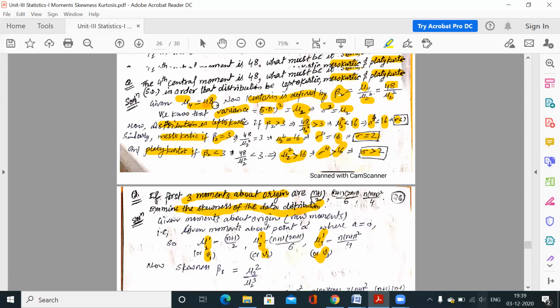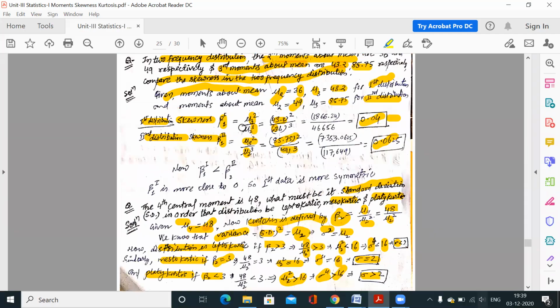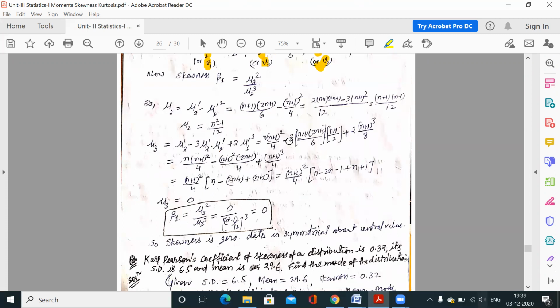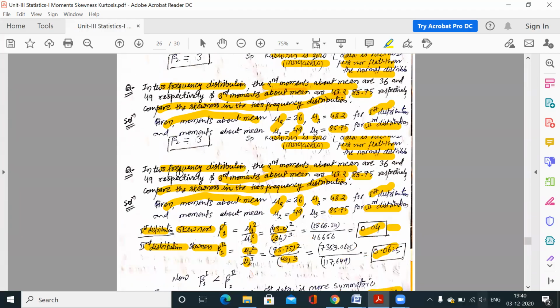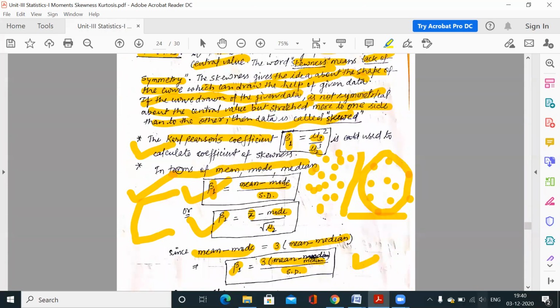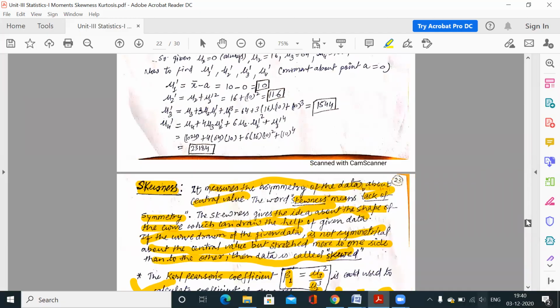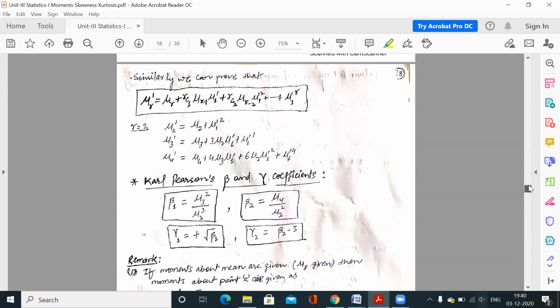But what is the skewness? For skewness we must know the central moments, but we have been given the raw moments. So first we have to convert these raw moments into central moments. Now you know how to convert raw moments into central moments using that relation, if you remember the previous lecture, the relation between moments.